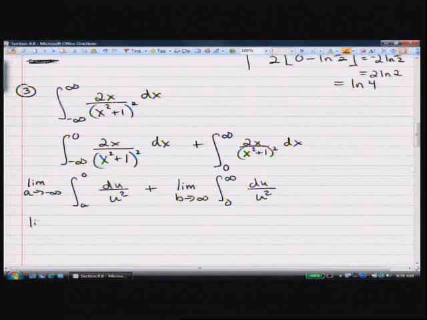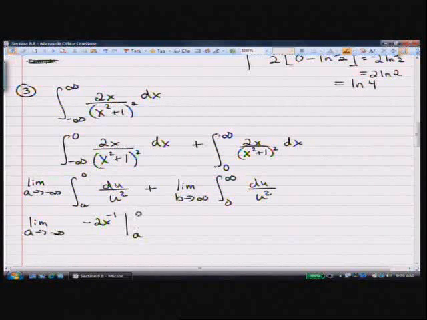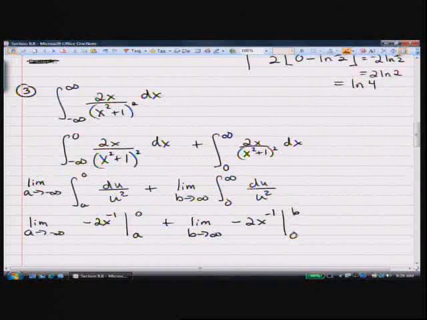When we evaluate this, that's u to the negative 2. So we add 1 to the exponent, which is negative 1, and put it over it. So it's negative u to the negative 1, but u was x squared plus 1. So negative (x squared plus 1) to the negative 1 between a and 0, plus the limit as b goes to infinity of the same between 0 and b. I forgot to put a b right here.